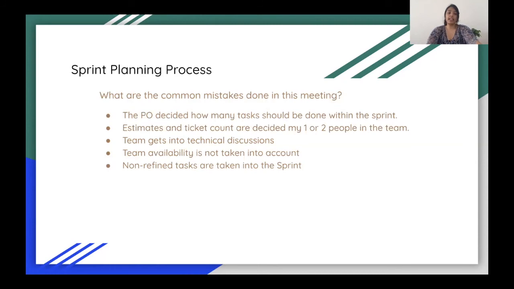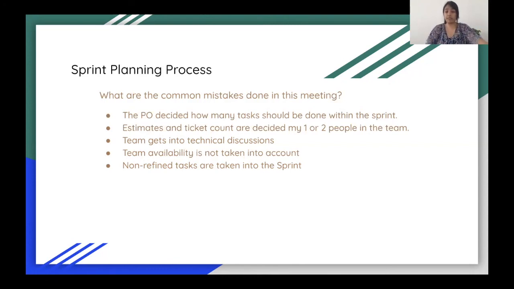Now, sometimes it depends on the team, but I have noticed this happen a lot as well: we take non-defined tasks into the sprint because priorities change. As a product owner, if your priority has changed even one day before the planning, have a refinement before your planning session, or divide the planning into two, have a refinement, refine the ticket, and only then plan for it, if you are aware of the change of priority before the sprint planning meeting.